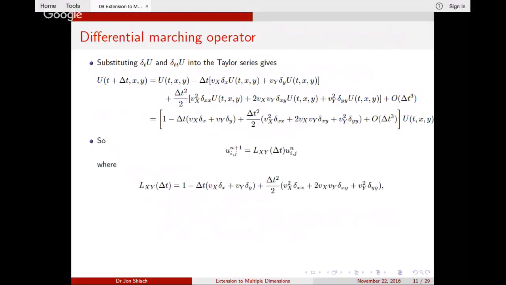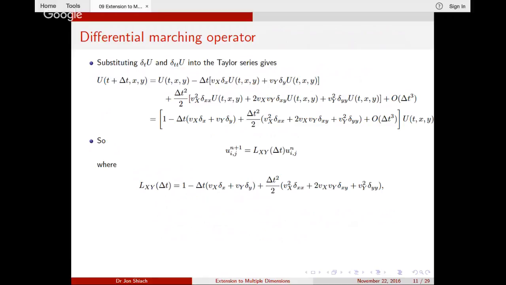So what we say is our next solution is equal to the marching operator applied to the current solution. What I've done is I've written this as L subscript xy. That means it's 2D. It's taken both x and y into account.